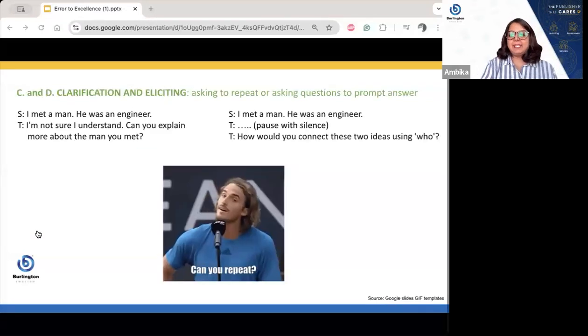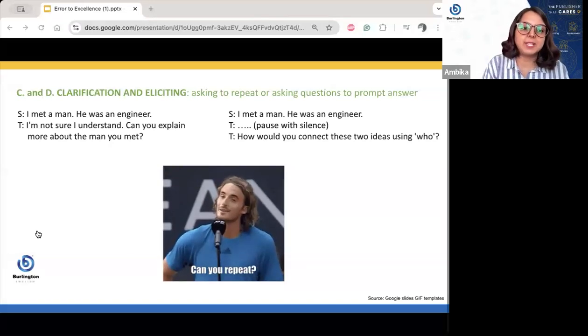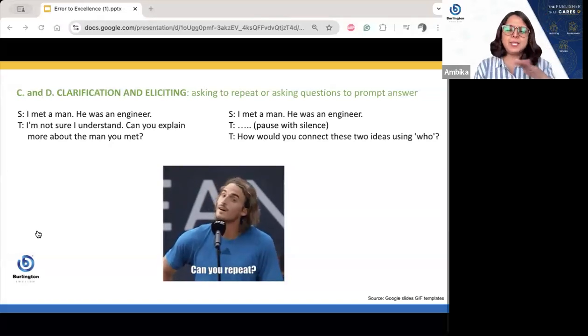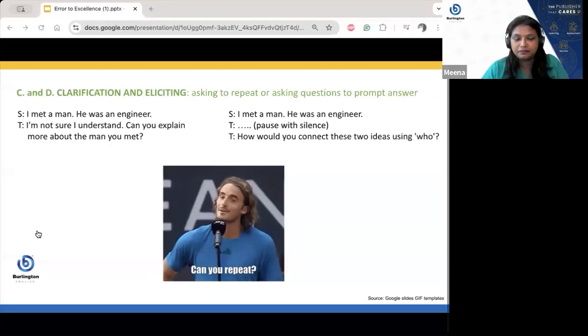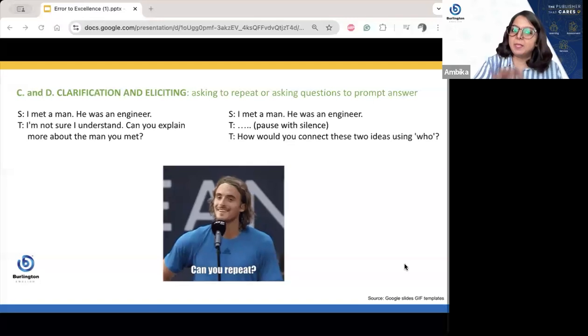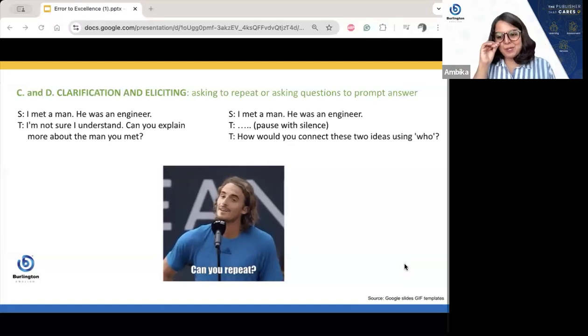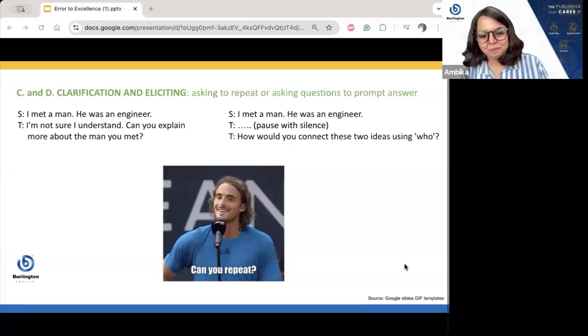And now let's look at, I've put C and D together, which is clarification and eliciting, because they are almost similar. So here, what do you think? What are the advantages of clarifying or asking them a question, eliciting an answer? The pause and then asking them a question which will drive them or give them a clue into the answer.